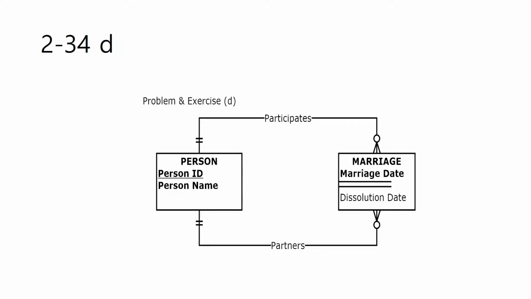So D must be, we can draw like this, the marriage date. So also there is dissolution date. It must be a partial identifier, marriage date.